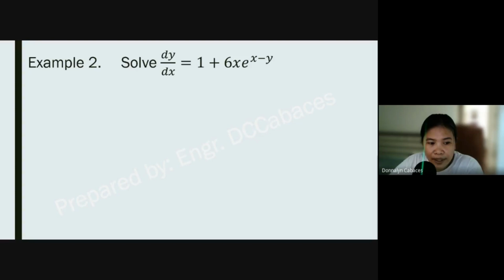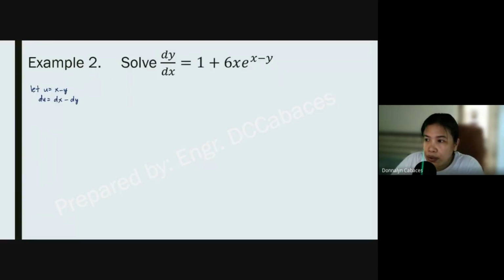So with this example problem, let us have this x minus y to be introduced to u. So we let u be equal to x minus y. What is therefore our du? This is dx minus dy.